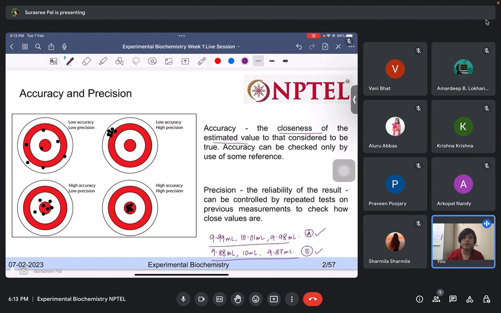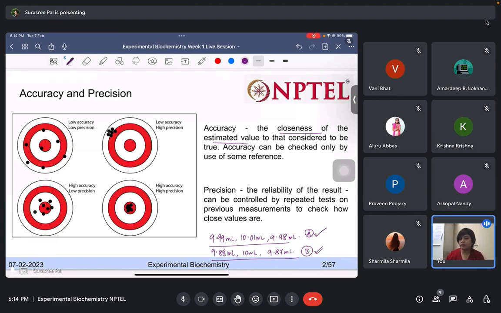The more precise set of results here is set A, because you can see that the three values are 9.99 ml, 10.01 ml and 9.98 ml. These three values are quite close to each other compared to the set of B. That is why the set of A is more precise.